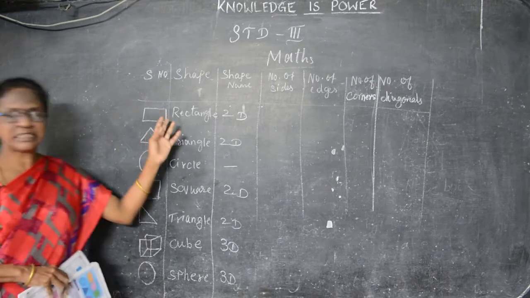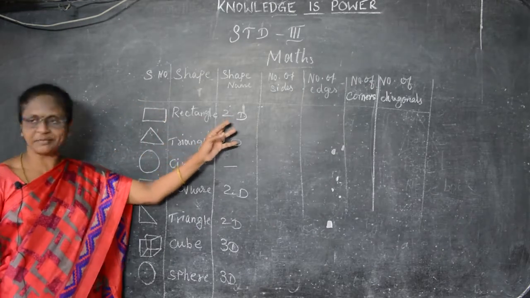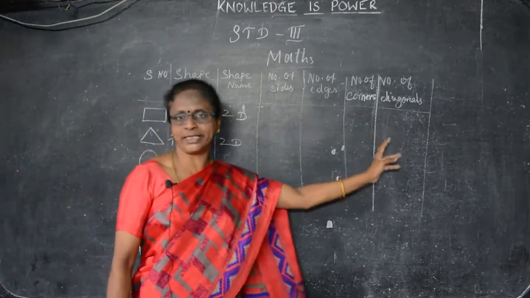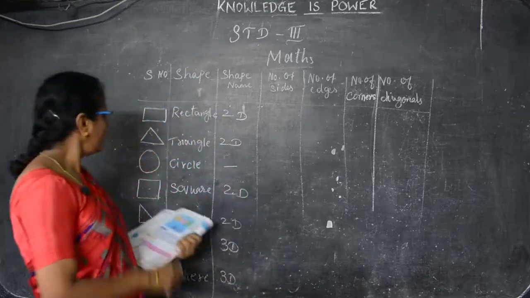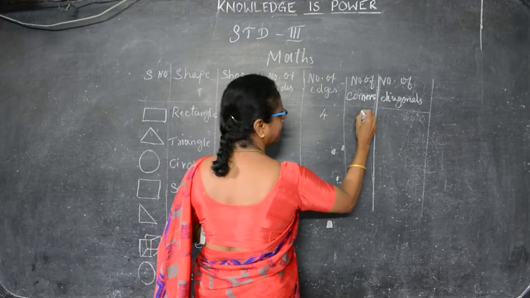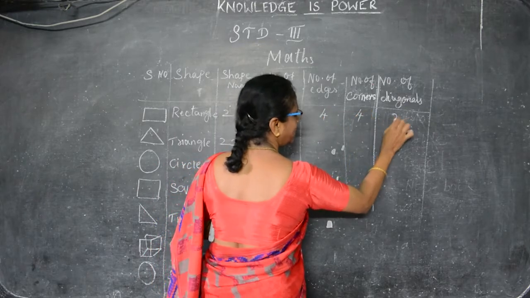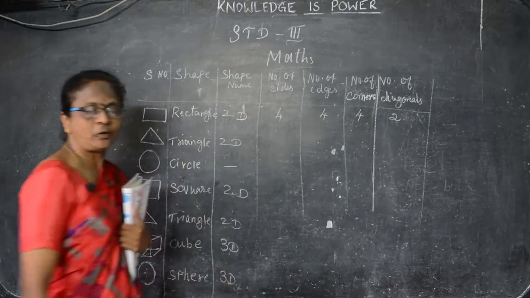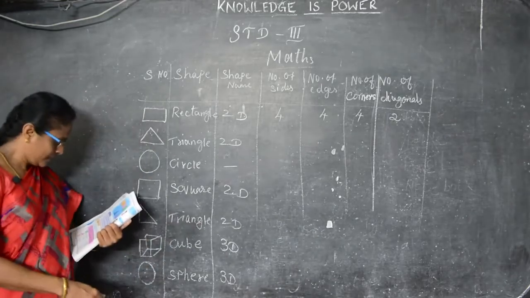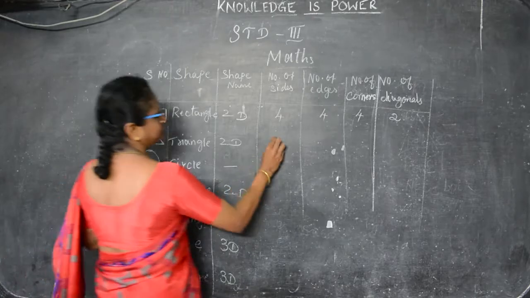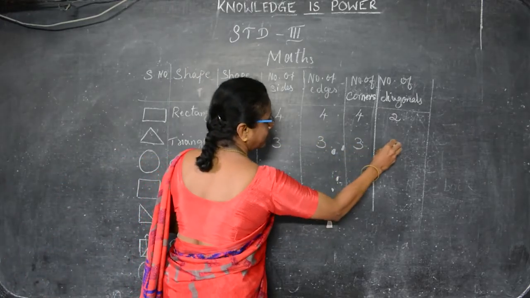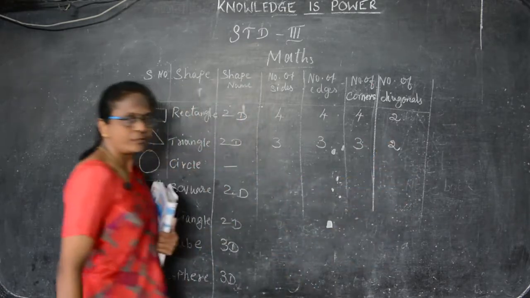So now we have written the shape and the shape name. Now we are going to see the sides, edges, corners and diagonals. So in this rectangle, how many sides? 4 sides, 4 edges, 4 corners, 2 diagonals. I already taught you that in a rectangle 2 diagonals will be there. And in triangle, 3 sides, 3 edges, 3 corners and no diagonals.